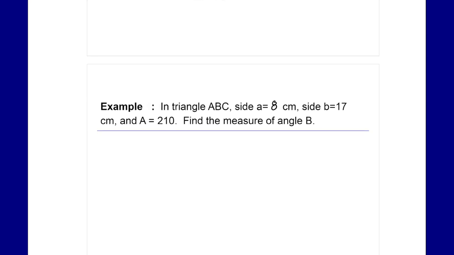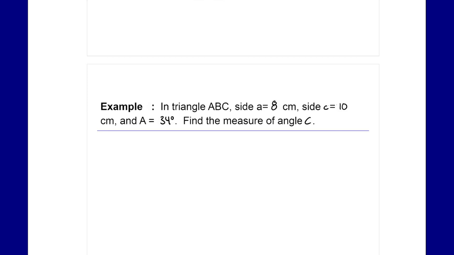We're actually going to be looking for side C. And side C is going to be 10 centimeters, and we are going to be given angle A again, which is 34 degrees. And we want to find the measure of not angle B this time, but angle C.